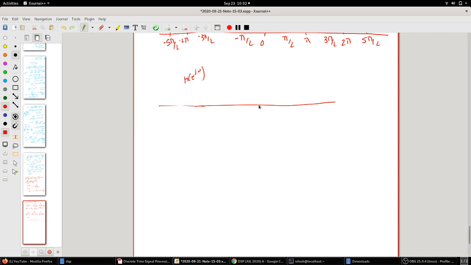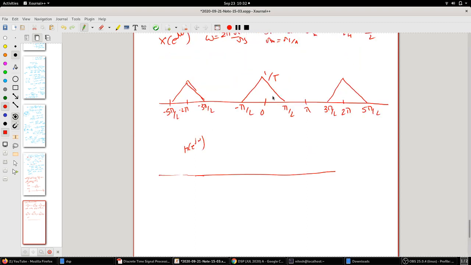So what happens is discrete time Fourier transform is periodic around 2 pi. So it's having a cutoff of minus pi by 8 to pi by 8. Pi by 8 is the cutoff. So this will repeat every 2 pi.